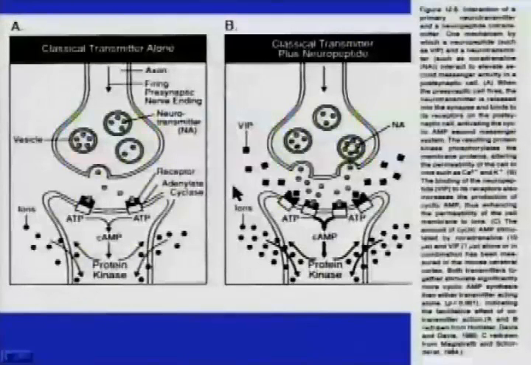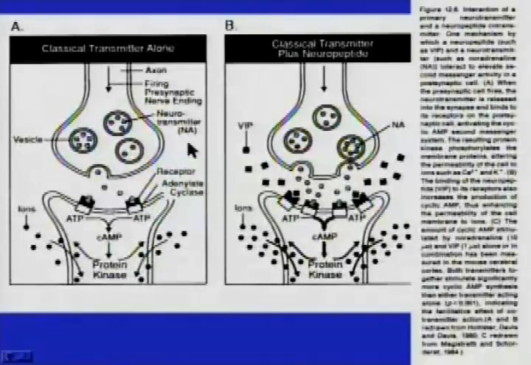Well, let's take a look at a specific example of this as we begin to consider the co-transmitter effect on the primary transmitter. So this is figure 12.5, where we're considering the interaction of the primary neurotransmitter and a neuropeptide co-transmitter.